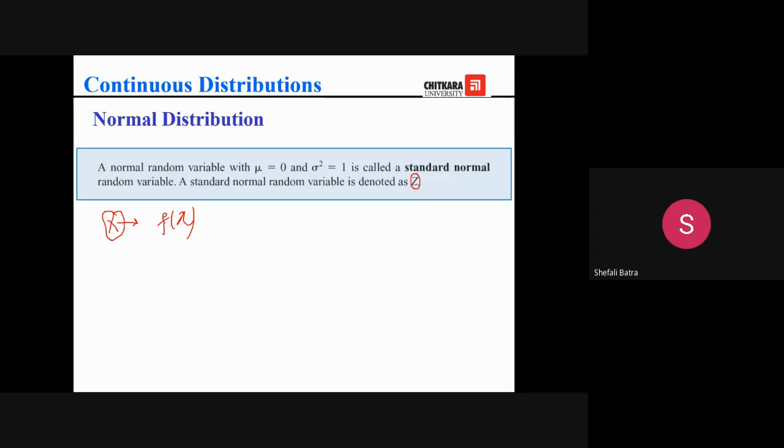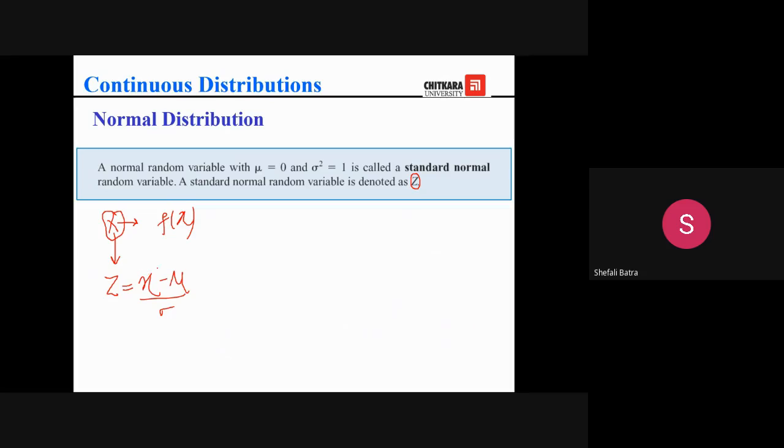So we cannot calculate this every time. So what we do for our calculation, we convert this normal random variable into a standardized normal variable, right? And this z would be equal to (x minus mu) upon sigma. This x is your actual random variable and this is your standardized normal variable.